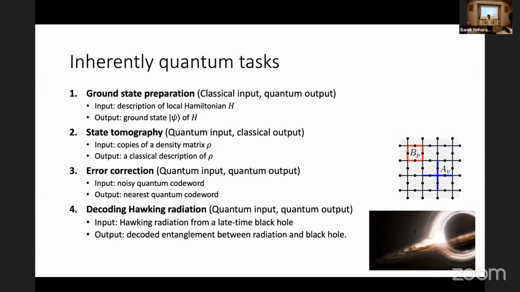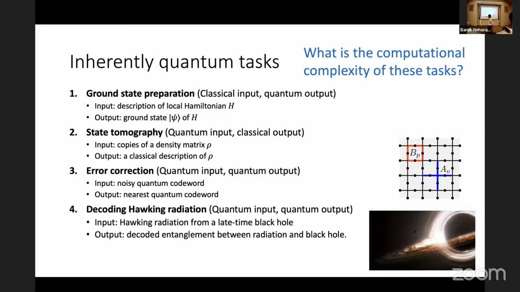In this task, you take in radiation from a black hole, which is some highly entangled quantum state, and you want to output some other quantum state. These are all examples of tasks that are inherently quantum. And you can naturally ask, what is the computational complexity of solving any one of these things?